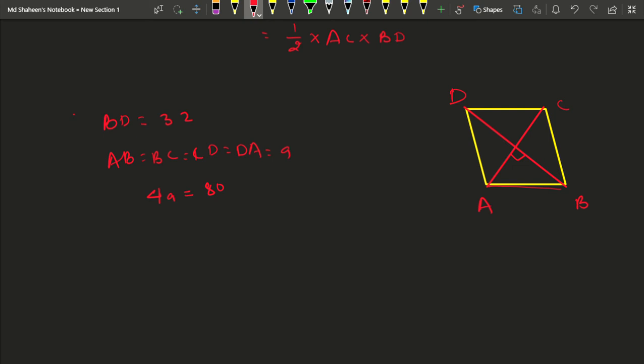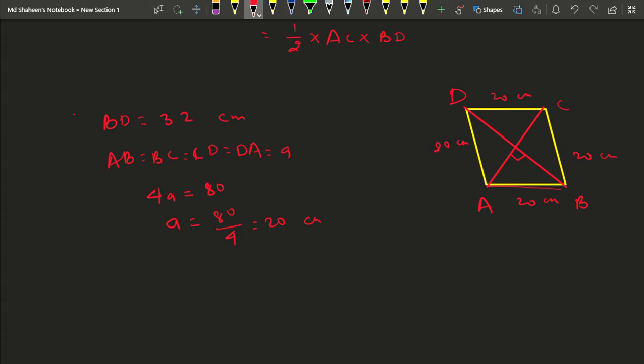So if you consider this figure, you will get A equal to 80 upon 4. Note that everything is in centimeters. A means this line is 20 centimeter. This is 20 centimeter, this is 20 centimeter, and this is 20 centimeter.